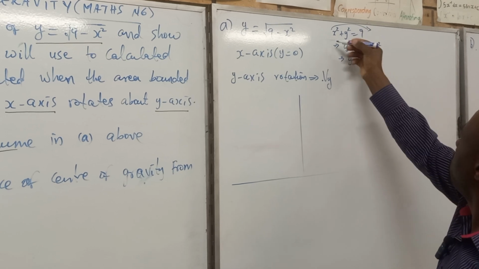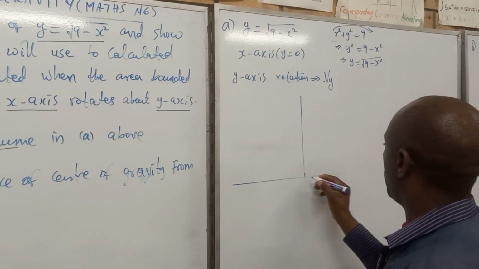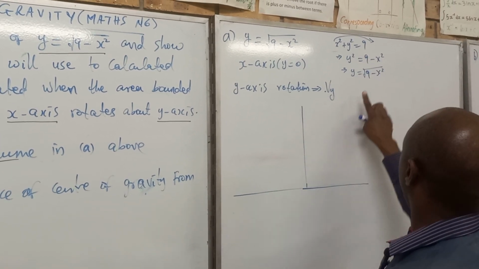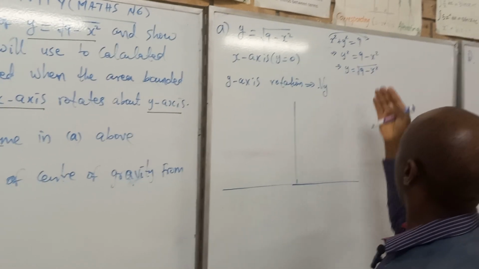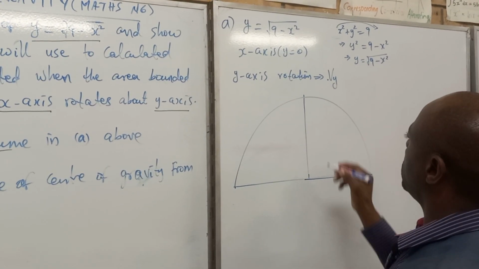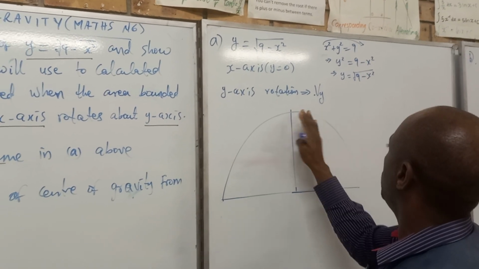So if you look at it from that circle, you will see that your radius is supposed to be 3. So if we happen to make y the subject, and we have a positive sign here, because taking the square root is supposed to be plus or negative, if we use the positive, then we're dealing with the upper half of the circle. But if they had used a negative, it will be the lower half of the circle.